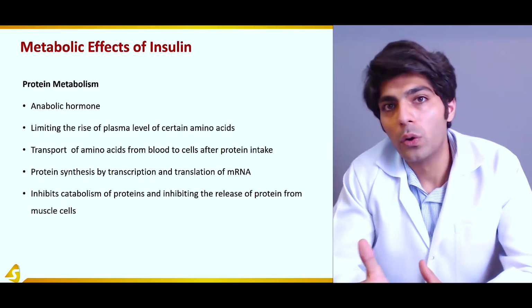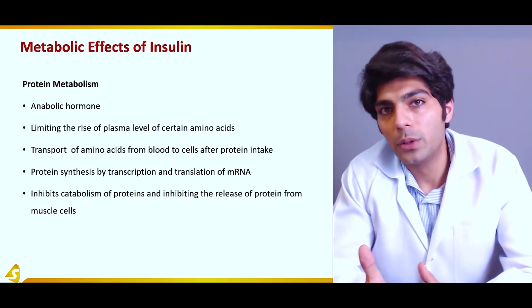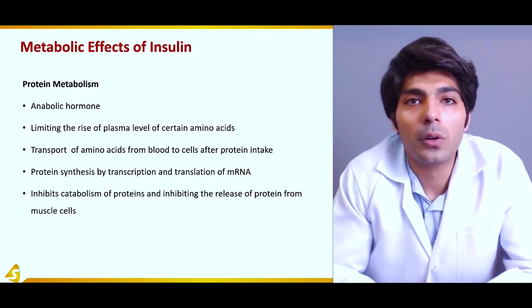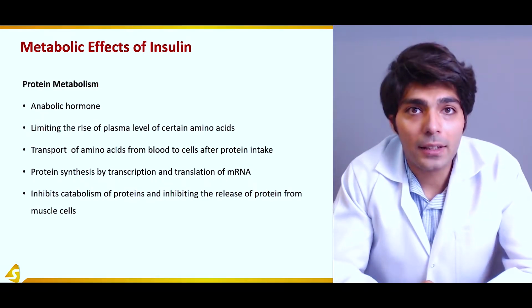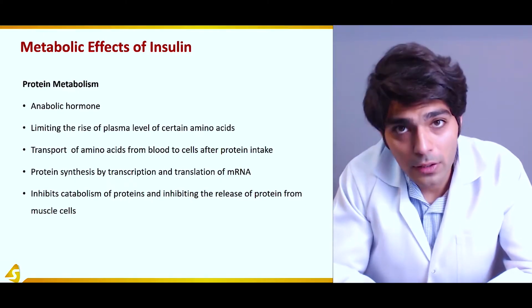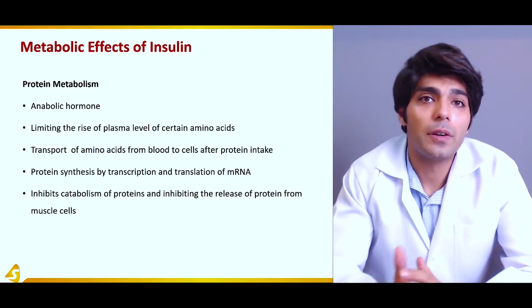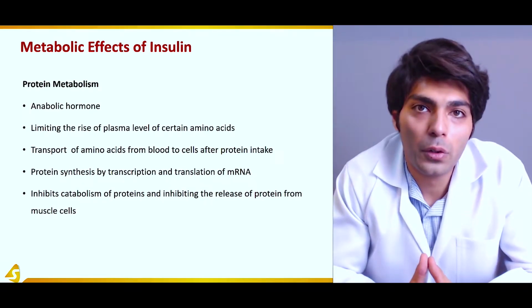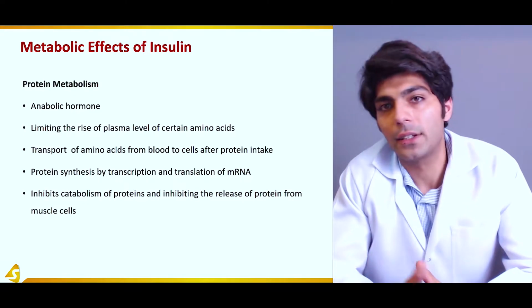The outflow of glucose into the blood from the hepatic cell is inhibited by inhibiting gluconeogenesis and glycogenolysis, and these two effects decrease the outflow of glucose from the hepatic cells directly into the blood.